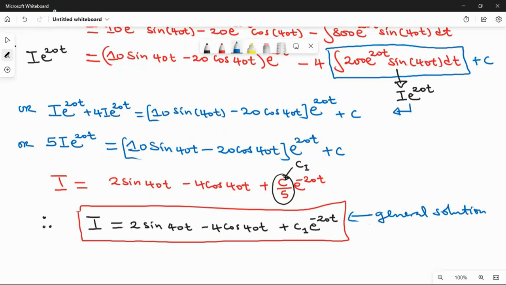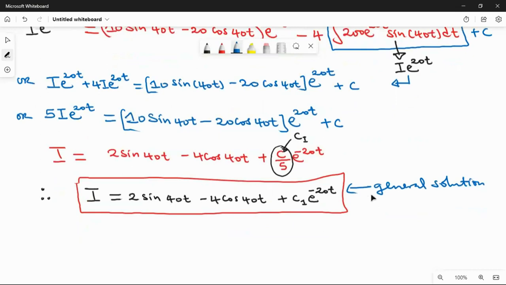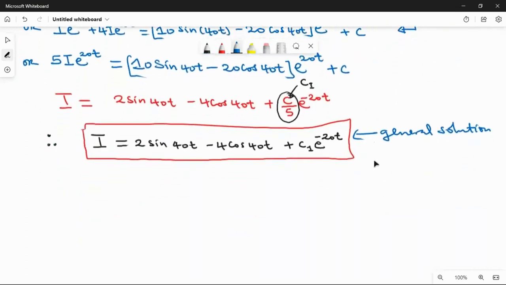That the current is 0 when the time is 0. So let's apply that. Apply this condition, I(0) is equal to 0.